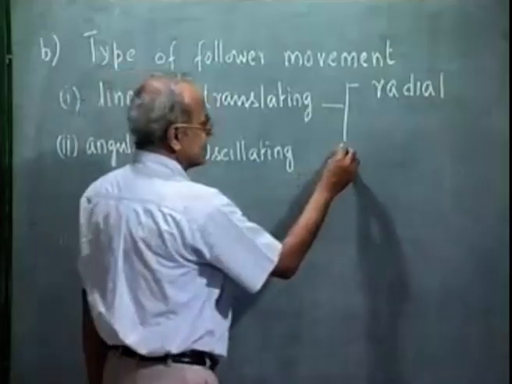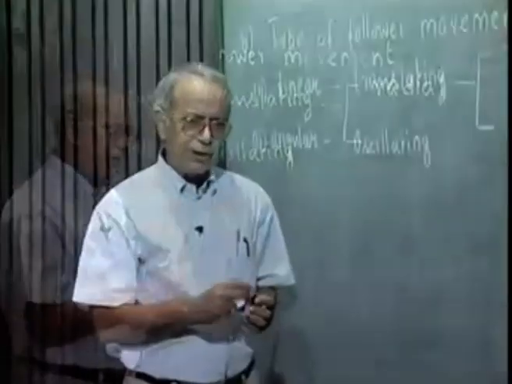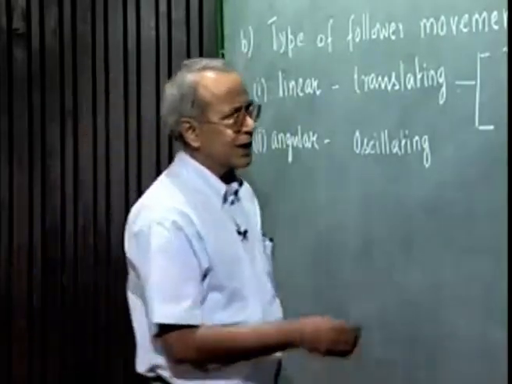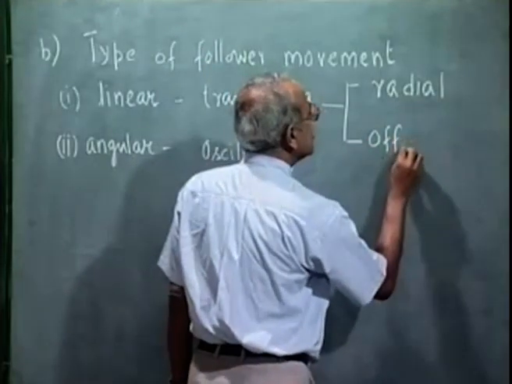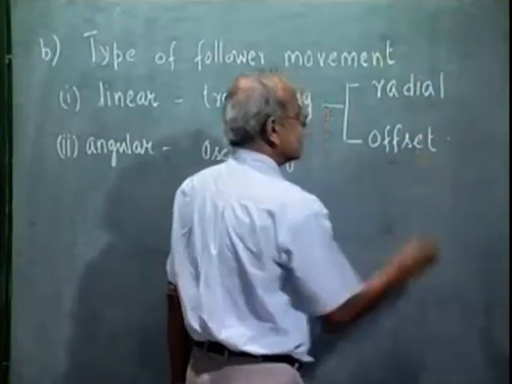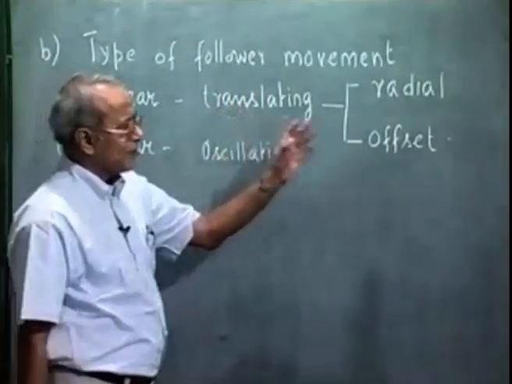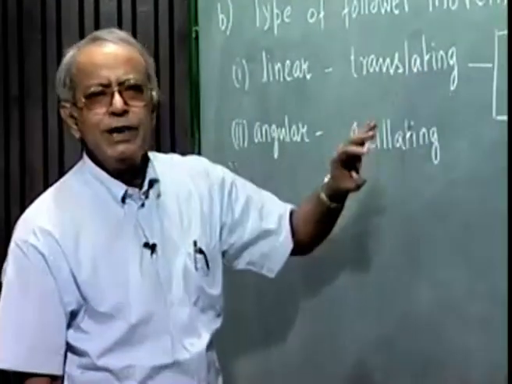But if it has a little offset, that means the axis of translation of the follower does not pass through the cam center, then we call it an offset translating follower. Later on we will discuss why this offset is necessary and what is the proper direction of the offset.